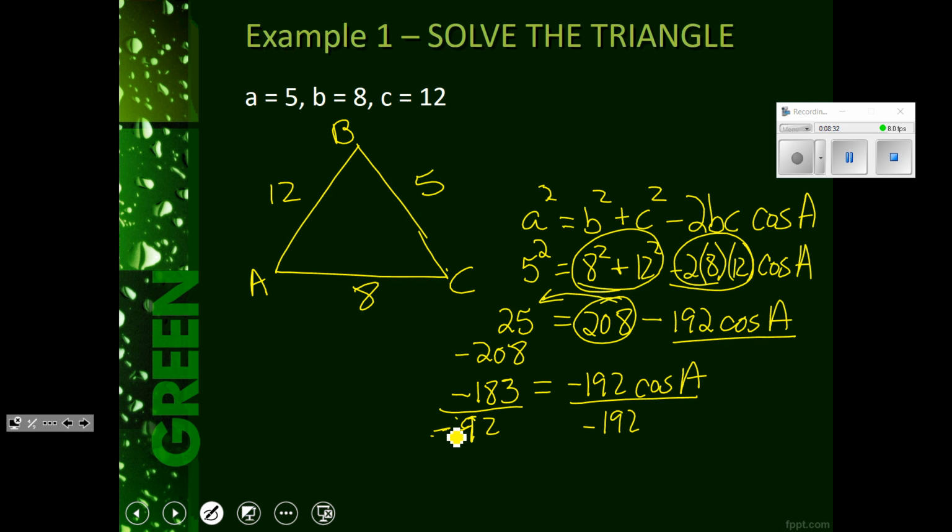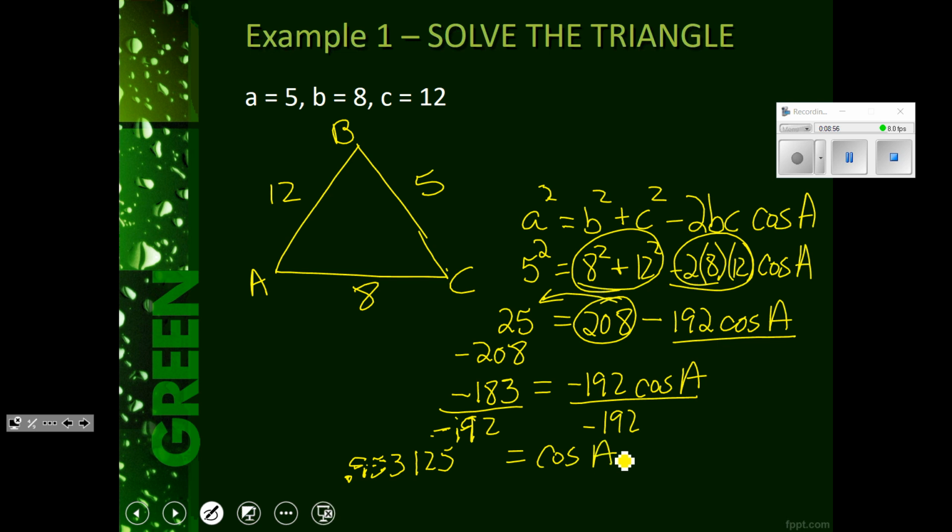Read me the whole decimal. We're not going to round. 0.953125. That's it? Everybody agree? Okay. Equals the cosine of A. Okay, so now what do I do to solve for angle A?